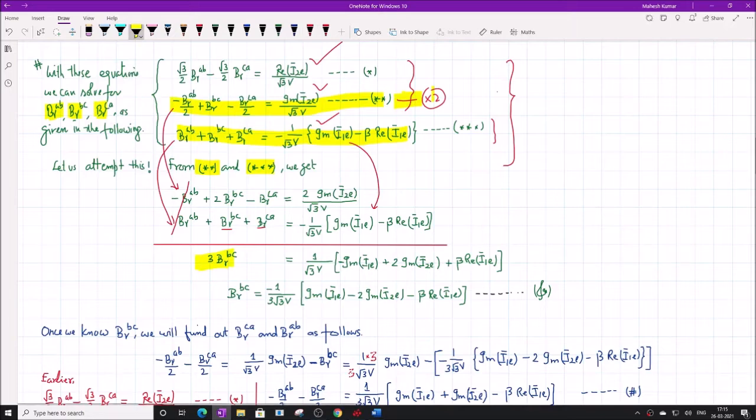This plus this becomes minus 1 by root 3B, which is common, and then minus imaginary of I1L, plus 2 into imaginary of I2L. Again, minus minus becomes plus because I have taken the minus inside, so plus beta real of I1L.